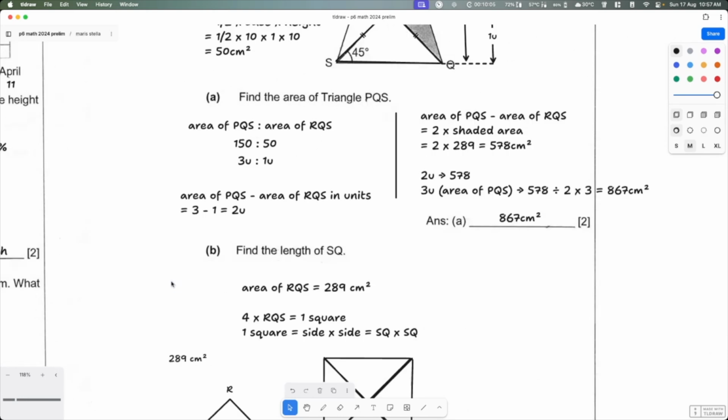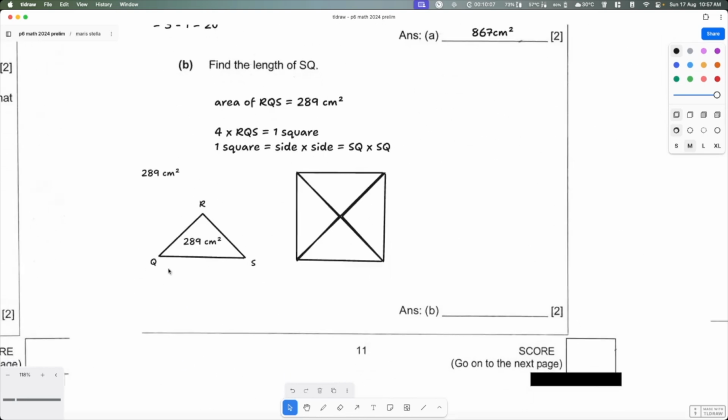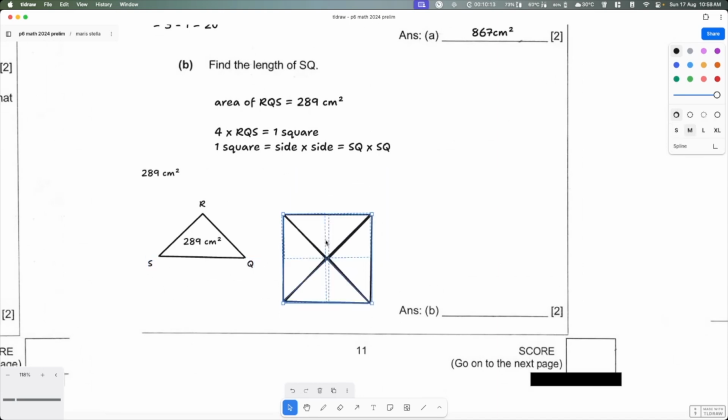Sorry, SQ. So this over here is equal to this, is equal to this as well. Let me make this a little bit smaller. It's equal to this as well.